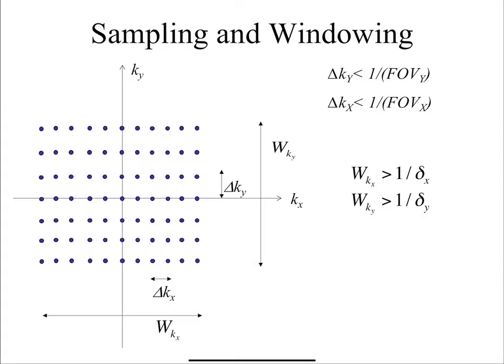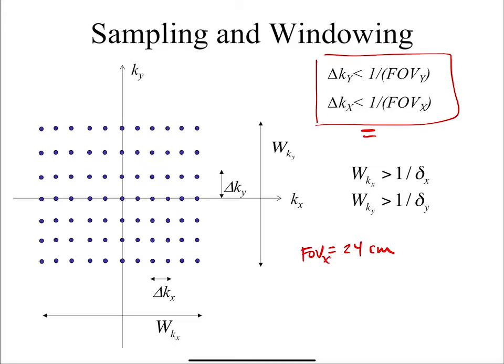So the design rules are fairly simple. Delta k is simply determined by this set of equations. And for your design problems, you can just always set them equal. We just go right to the limit. So for example, if I know the FOV of x is equal to 24 centimeters, then I know that delta kx I can just set to 1 over 24 inverse centimeters.